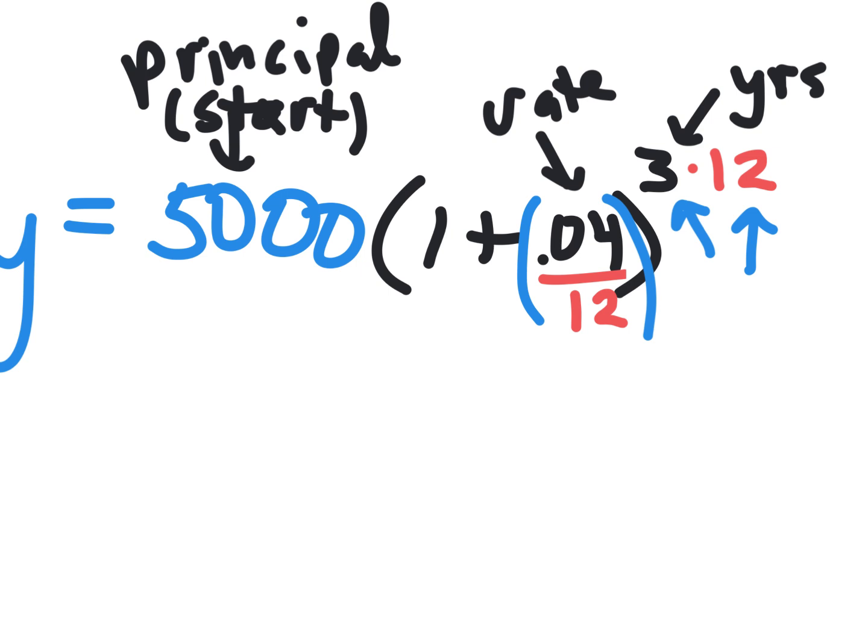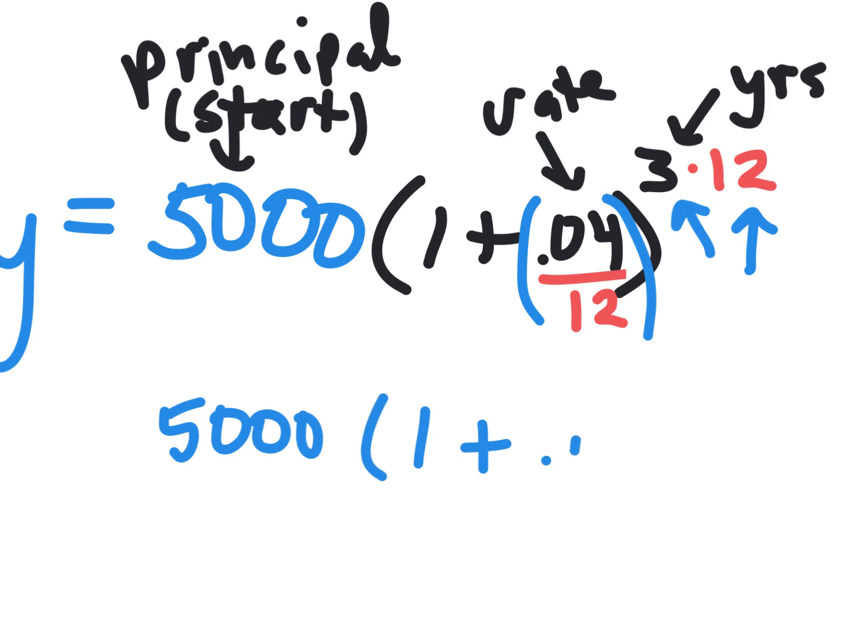Otherwise, it's literally yesterday, except the formula got more complicated. All right. And if you were going to put it in a calculator, don't yet, but if you were going to, you would type 1 plus 0.04, and you don't need to put that in parentheses. Let me explain why. Some people want to put this in parentheses, and you're wasting your time because this part here will be done first by your calculator, because your calculator knows that divide comes before add.